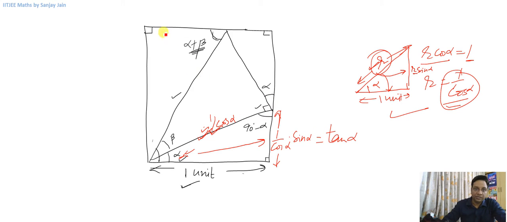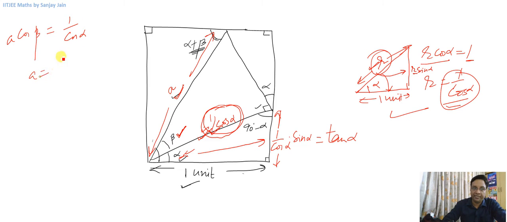So now see, if this length is 1 by cos alpha and this angle is beta, so what will be this length? This length multiplied by cos beta will give me this one. Okay, so for clarity, let us take this as A. So what can I say about A? A cos beta is equal to 1 by cos alpha.